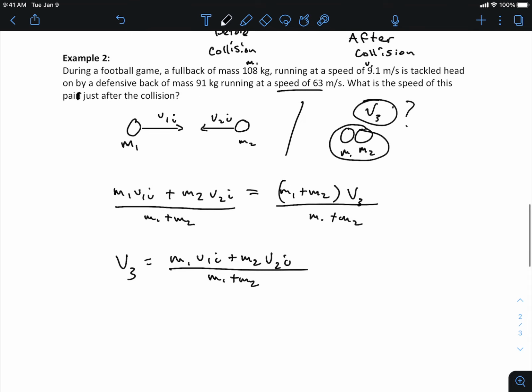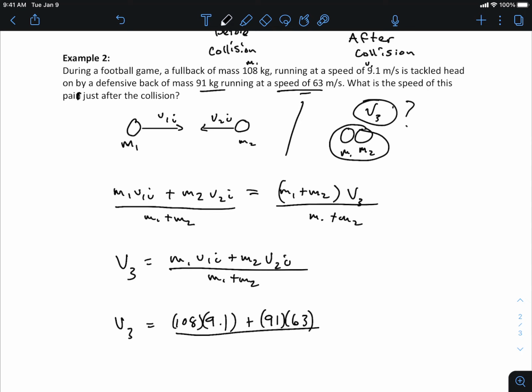So let's plug that stuff in. V3 is going to equal M1, 108, times the initial velocity of that 108 kilogram football player, which is 9.1. And then we're going to add the mass and speed of the second football player, so 91 times 63.